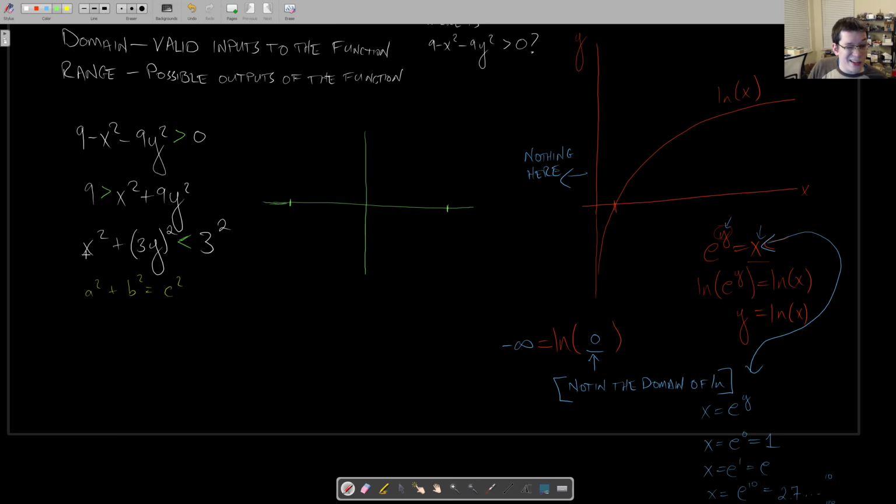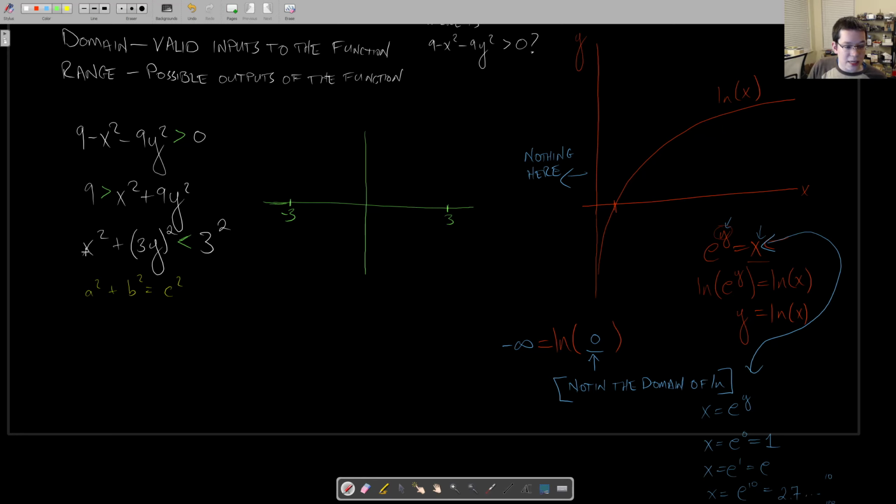In order to get x squared to be less than or equal, for the sake of the graph, to 3 squared, if y is 0, then x has to be 3 or negative 3. So this is negative 3 and 3.